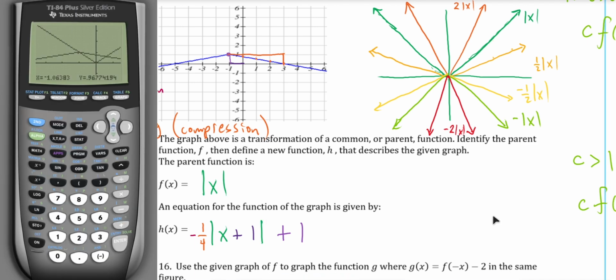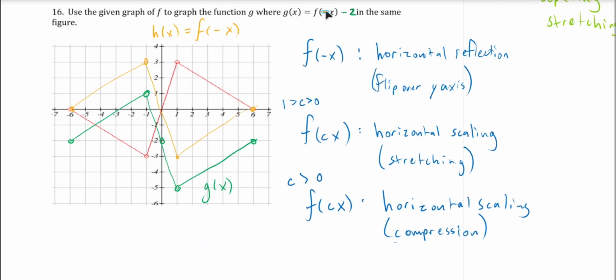As we approach this next one, some of you are probably anticipating what comes next. We are now going to put a negative sign on the inside. This will instead be a flip over the y-axis as opposed to a flip over the x-axis. It is horizontal reflection, or reflection in the horizontal direction.